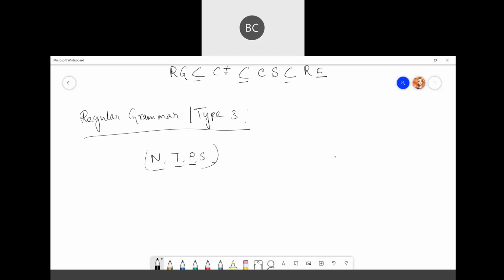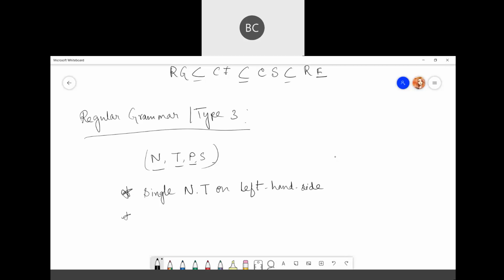Now, type 3 grammars must have a single non-terminal on the left-hand side. What are the main points? These are the rules, okay?